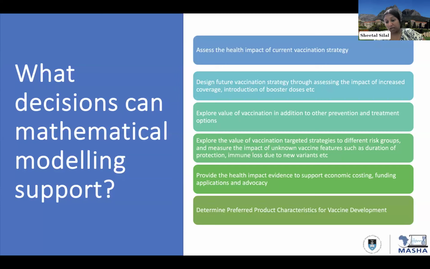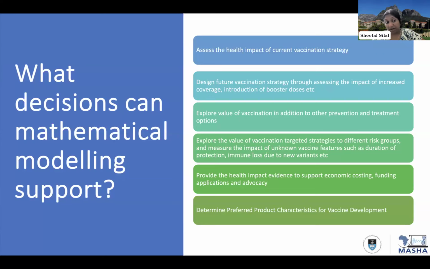difficult to reach populations. And never forget that along with evaluating the epidemiological impact in terms of cases averted or deaths averted, it's very important to use a methodology like modeling to provide evidence to support economic costing, to provide a costing and a financial and a budgeting analysis alongside the health impact evaluation.